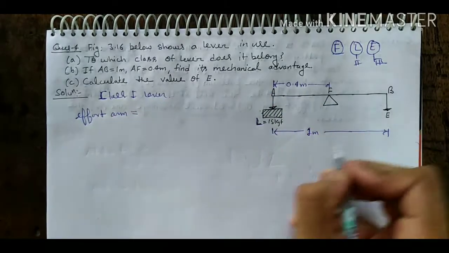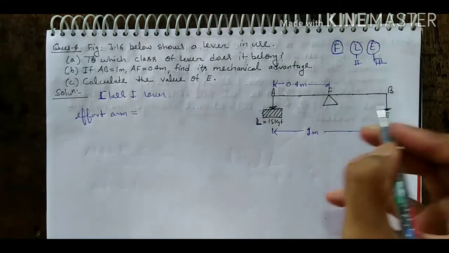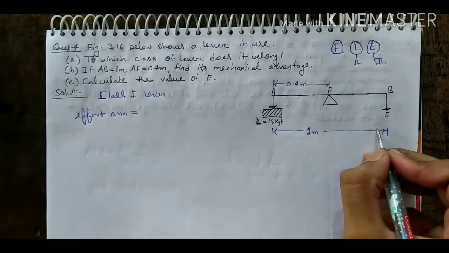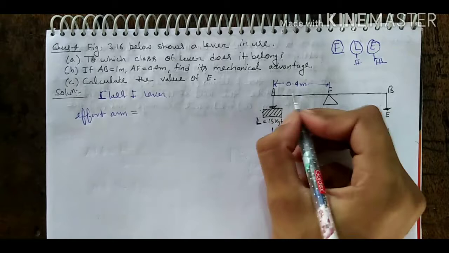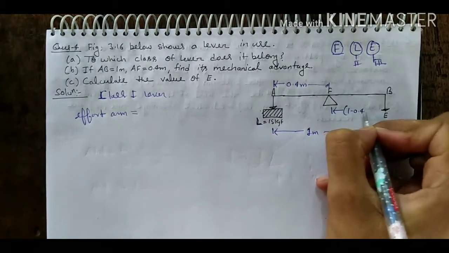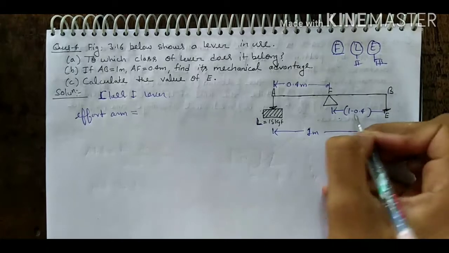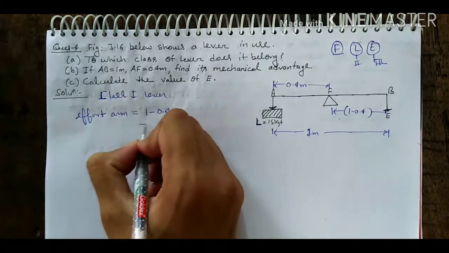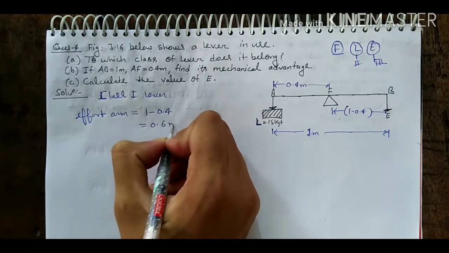Effort arm means the distance from the fulcrum to effort, the total distance is 1 meter, and this distance is 0.4. Then this distance will equal to 1 minus 0.4, and this will equal to 0.6. It means effort arm will equal to 1 minus 0.4. This will equal to 0.6 meter.